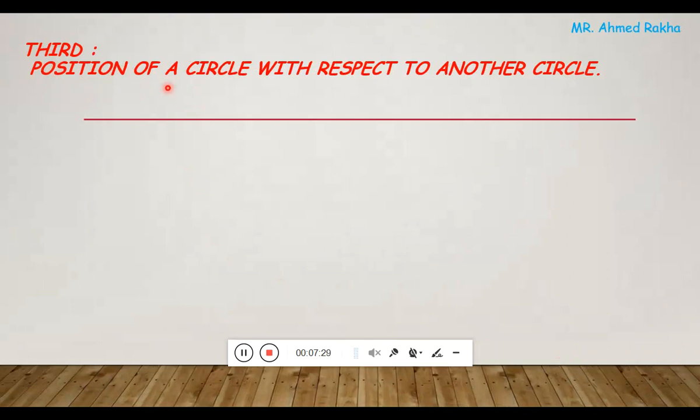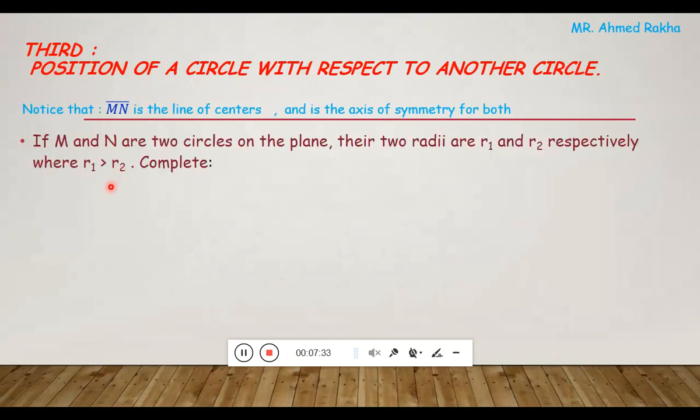Third, the position of a circle with respect to another circle. Here we have many situations. Notice that MN is a line of centers and is the axis of symmetry for both circles.